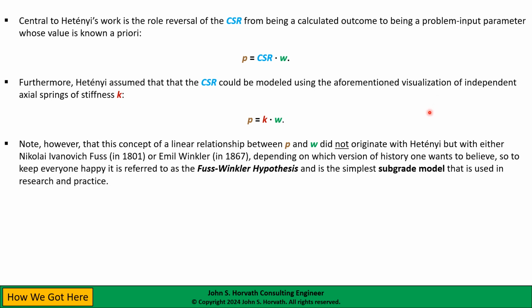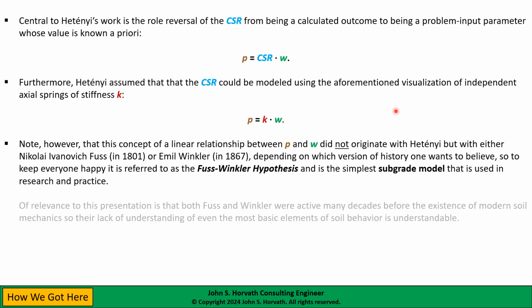To keep everybody happy, I refer to this as the Fuss-Winkler hypothesis. I don't want to get bogged down in a discussion of which of these two researchers first proposed this abstract relationship. But in any event, the Fuss-Winkler hypothesis, which we now know can be visualized as a bed of independent axial springs, is the simplest subgrade model that is used in research and practice.